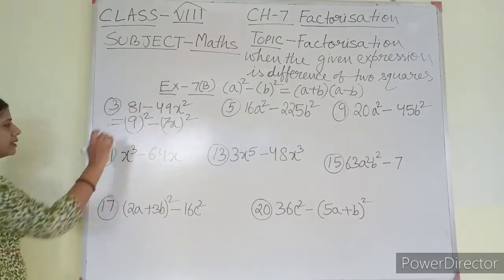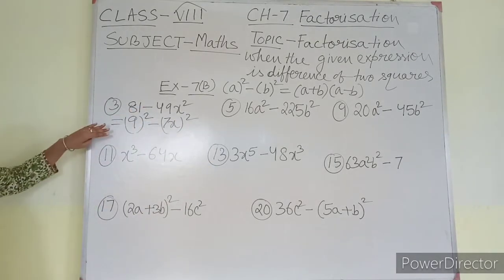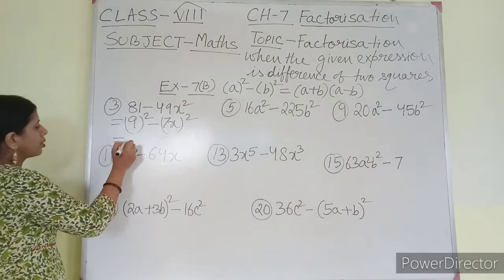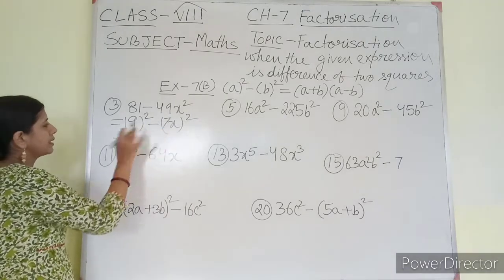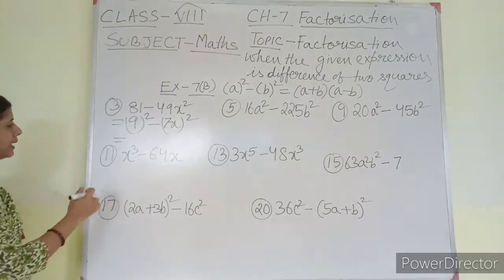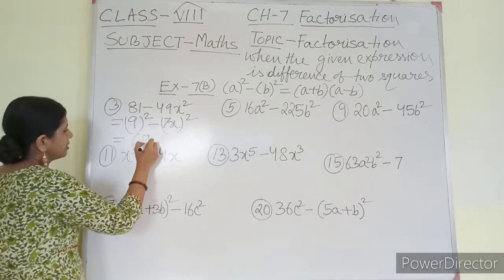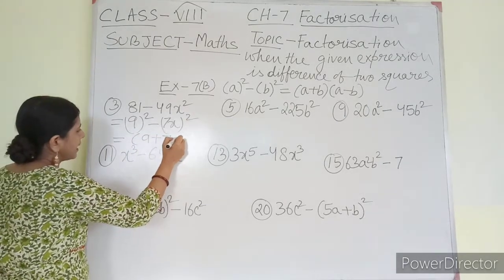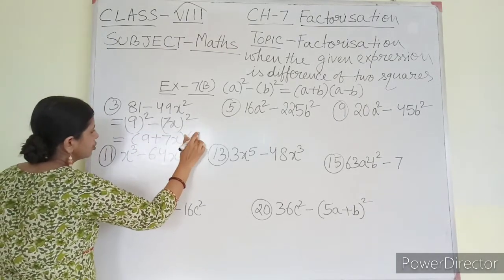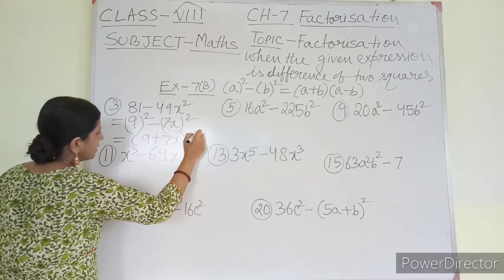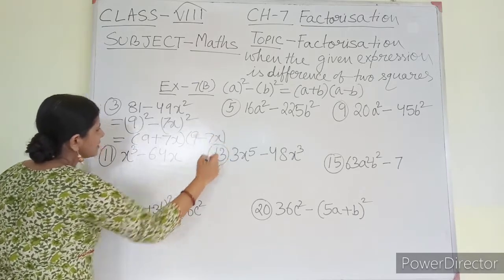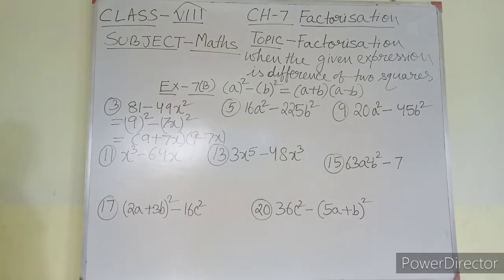So first convert it into an algebraic expression as a difference of two square numbers. Now according to the formula, a square minus b square is equal to (a plus b)(a minus b). So the answer is (9 plus 7x) into (9 minus 7x). These are the two factors.